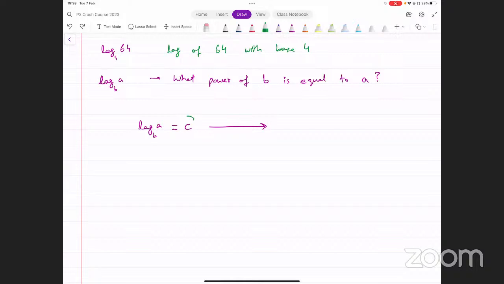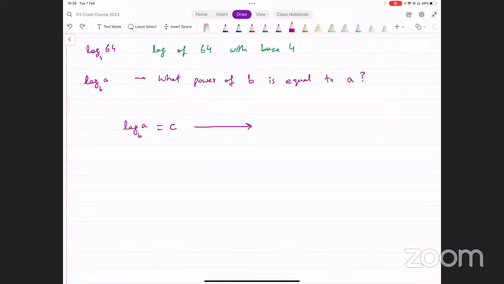This thing equals c. That means b raised to power c should give us the number a. So whenever you've got something in log form like this, log of a with base b equal to c, you can convert it to the index form such that it becomes a equals b raised to power c. That's the connection between the log form and the index form.